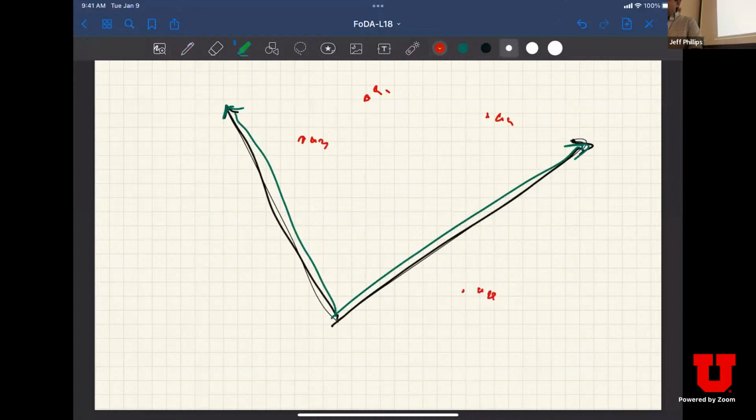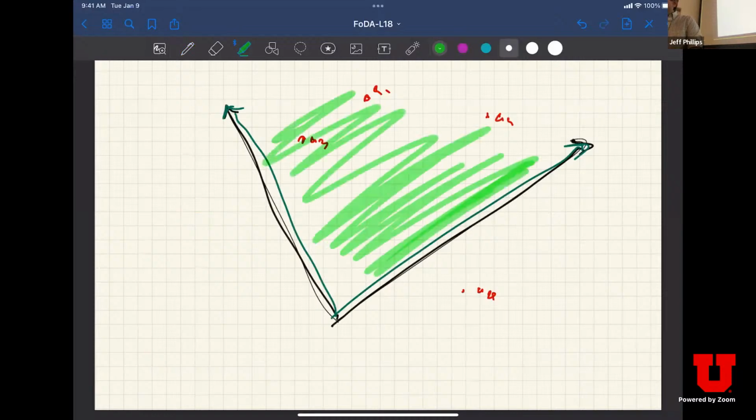And then there's some subspace here with v1 and v2, and for each of these points, I'm going to project them in our orthogonal projection.